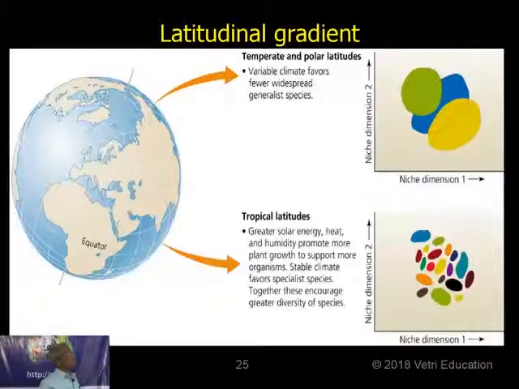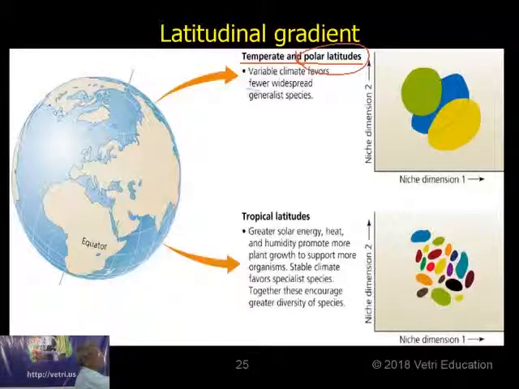Now, the latitudinal gradient. In the temperate and polar latitudes, variable climatic factors favor fewer widespread generalized species. I was telling you, variable climatic factors in the polar regions are the reason for fewer widespread generalized species. The animals and plants cannot live there.